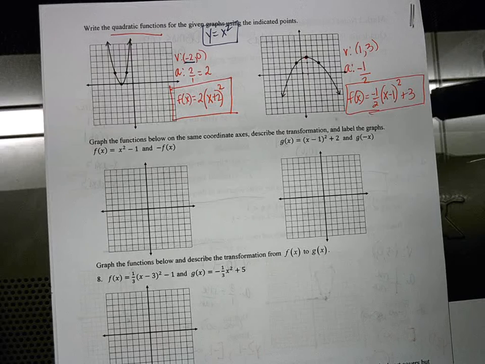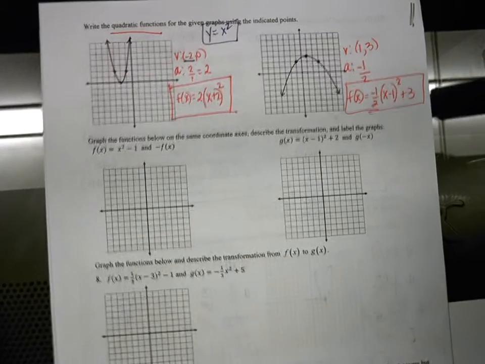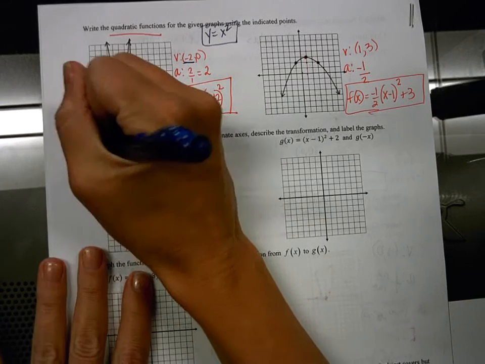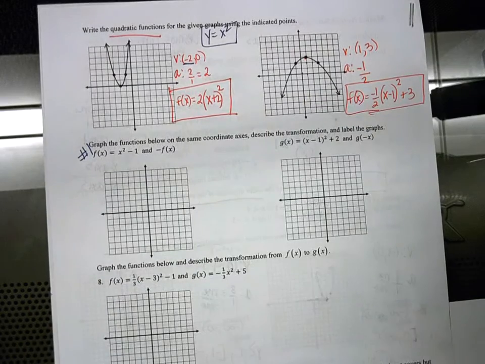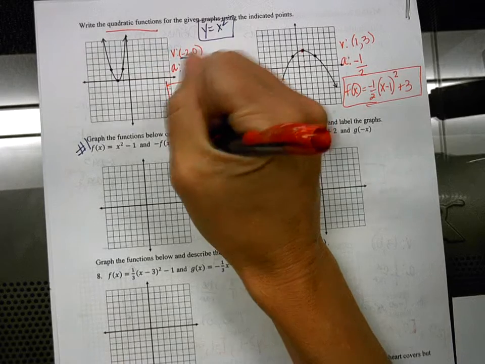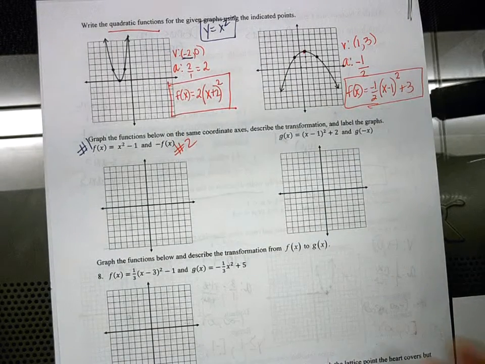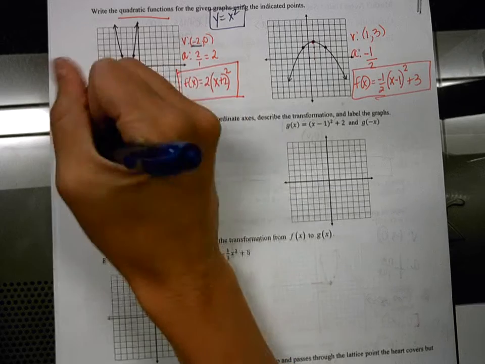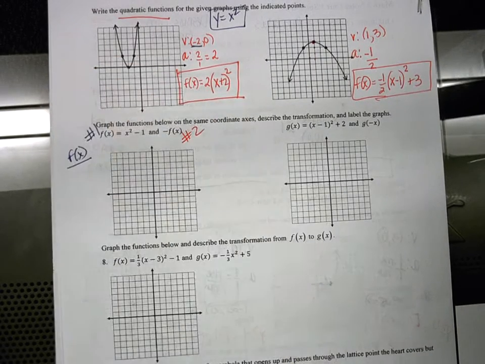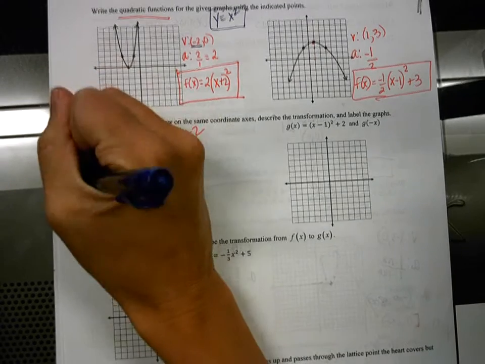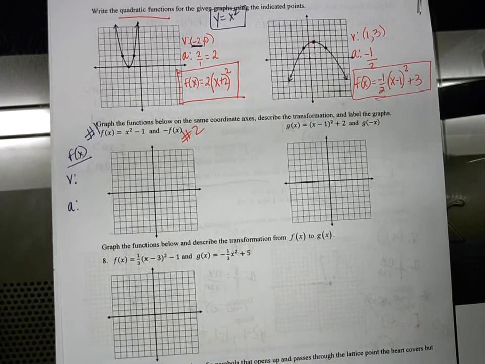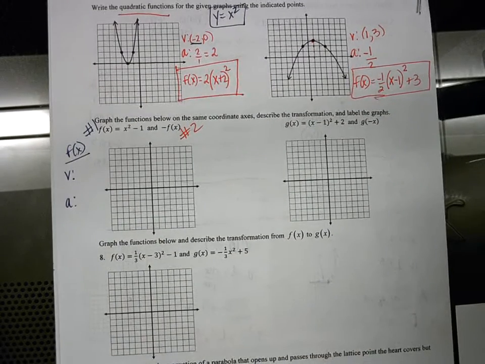Okay, moving on. Now we're going to talk about reflections and transformations. This is going to be my number 1 graph, and then this second one will be my number 2 graph. Looking at my original equation, f of x, what is my vertex? We need to know our vertex always, and my a value. So what is my vertex for this function?